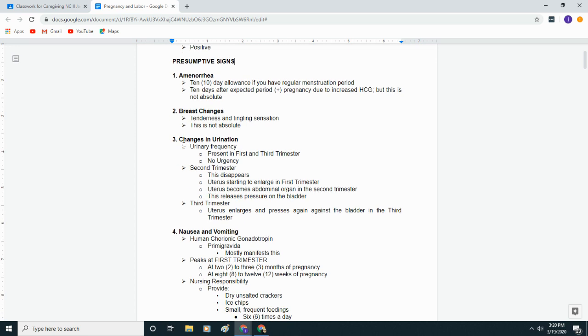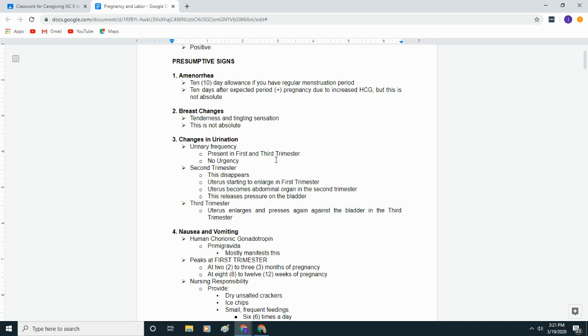Next, change in urination. There is frequency in urination, present in the first and third trimester because the womb is getting bigger, so it presses on your urinary bladder.